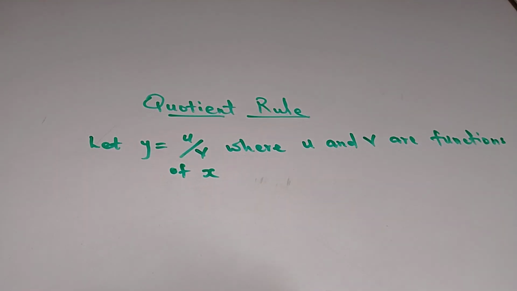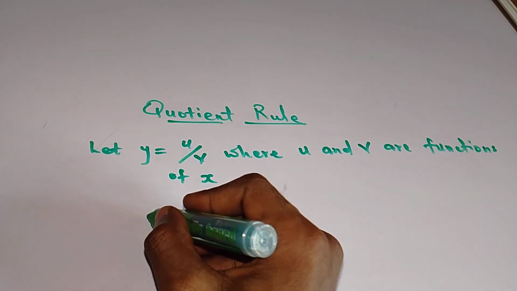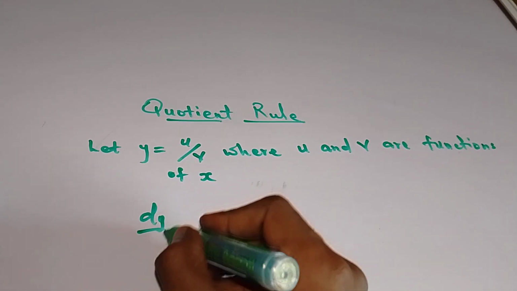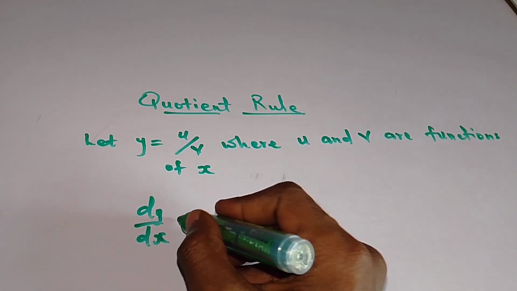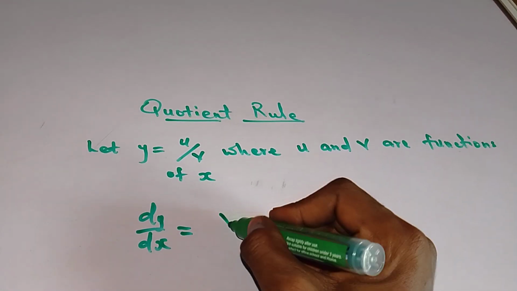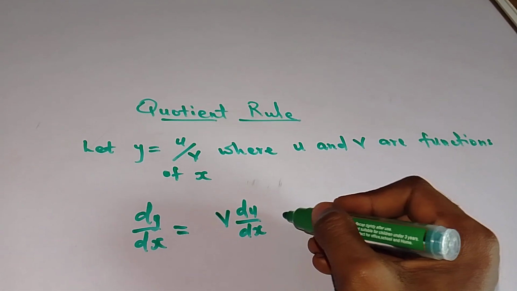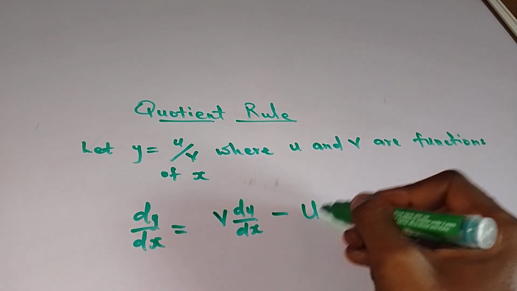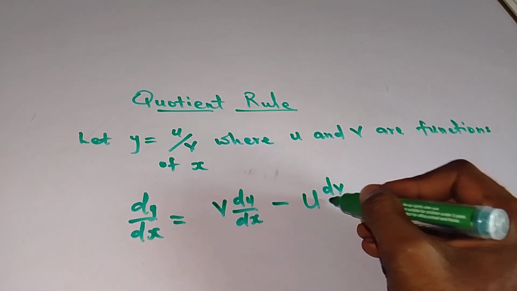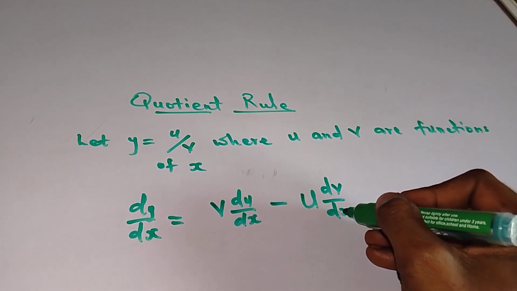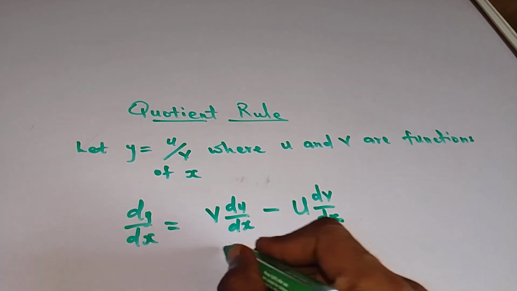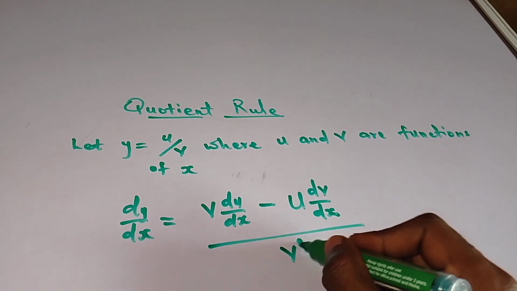Then we can state the quotient rule as thus: dy dx is equal to v du dx minus u dv dx, then all over v square.